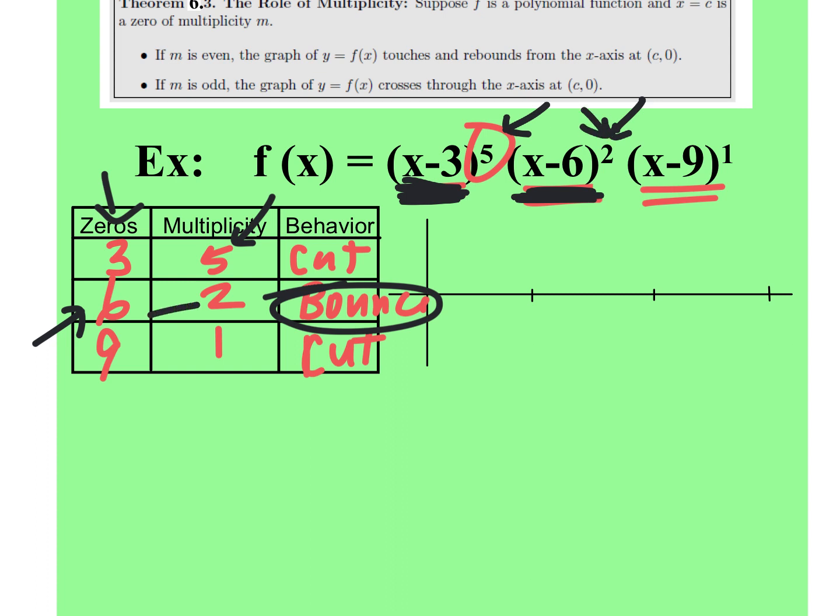Multiplicity just means what's the power on it. And this one would be a 9 is the 0 because it would make it equal 0. It's got a multiplicity of 1 and it just cuts through there. If you don't want to call it cut through, you can call it a pass through. I'm fine with either one of those. The only ones that do something weird is the bounce.